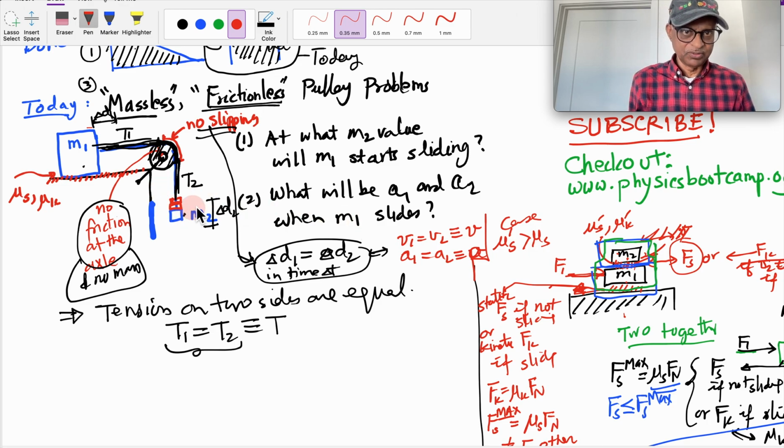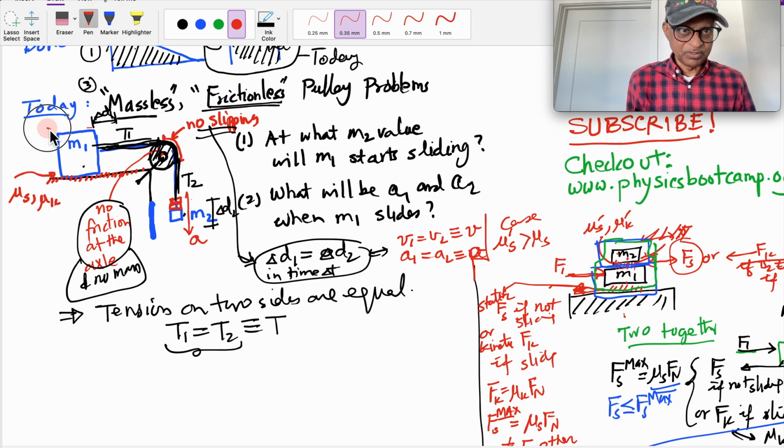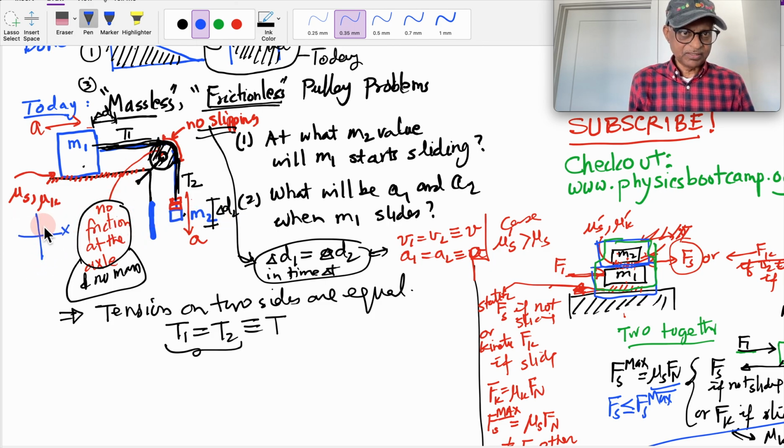So if this is going with an acceleration this way, just the direction is different. Their magnitude is the same, but direction is different. So this is acceleration that way. If I were to use this same coordinate system, x and y, the acceleration vector here will be 0 minus a.